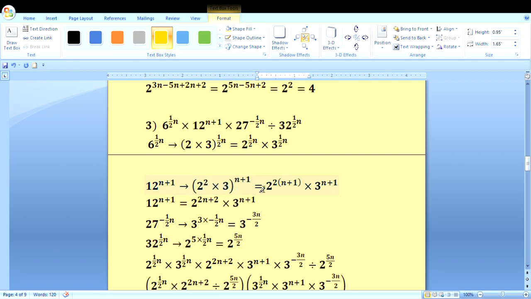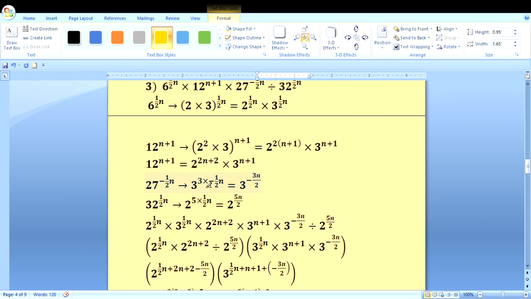So this power n plus 1 will affect everything here. This becomes 2 raised to 2, open bracket, n plus 1, times 3 raised to n plus 1. So here, 2 times n is 2n, 2 times 1 is 2. So this becomes 2 raised to 2n plus 2 times 3 raised to n plus 1.